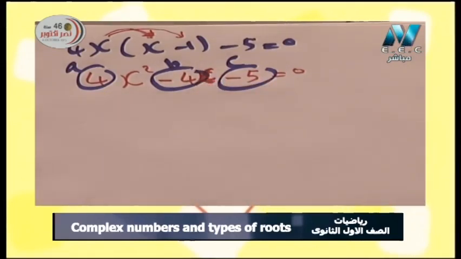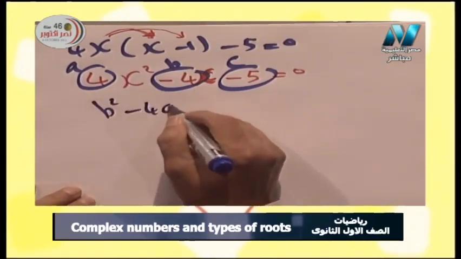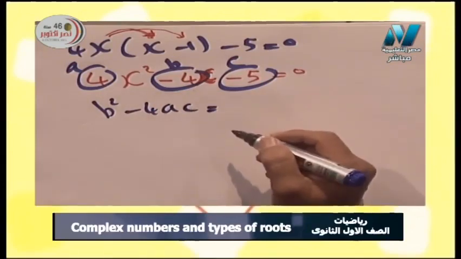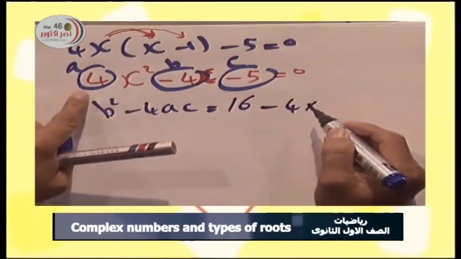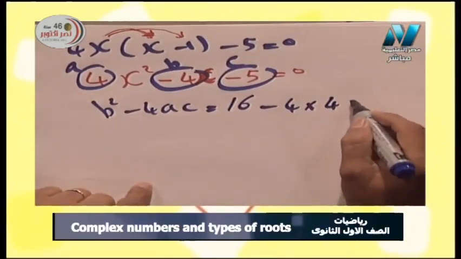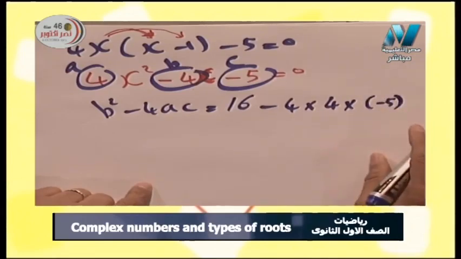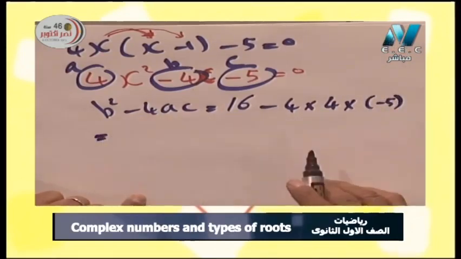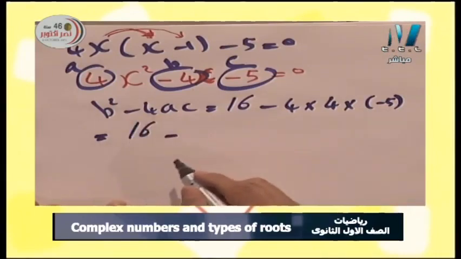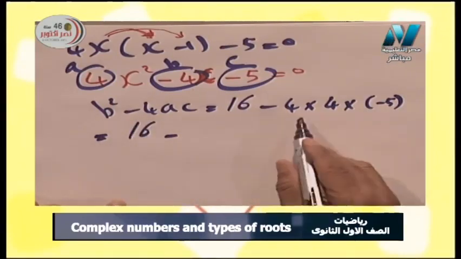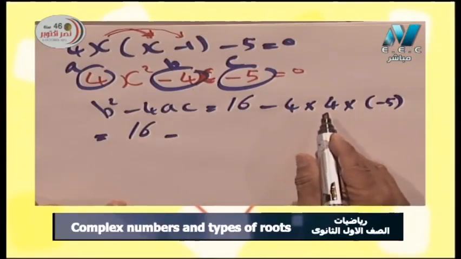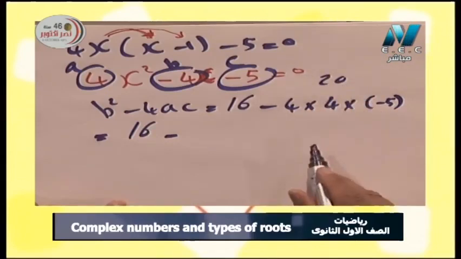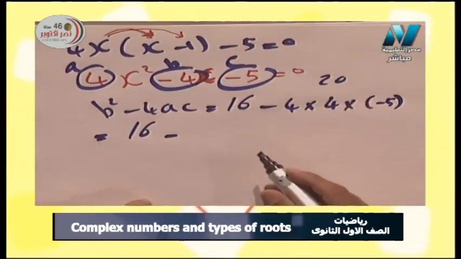And we try to find the discriminant. b² minus 4ac equals what? b² here means 16, minus 4 multiplied by a, which is 4, multiplied by c, which is negative 5. So we have 16 minus 4 times 4 times negative 5. Negative 4 times negative 5 is 20, and 20 times 4 equals 80.